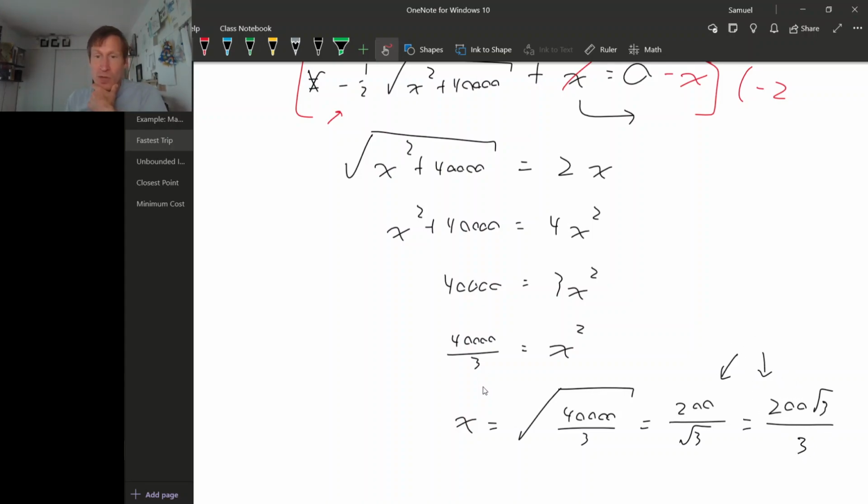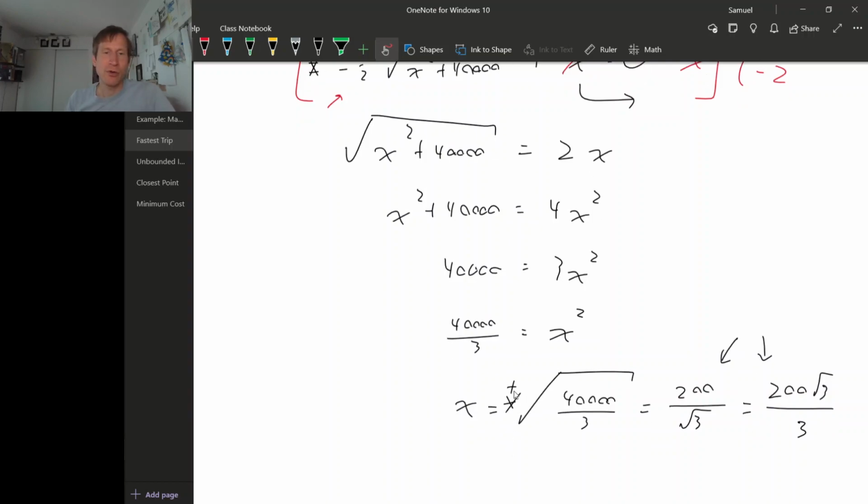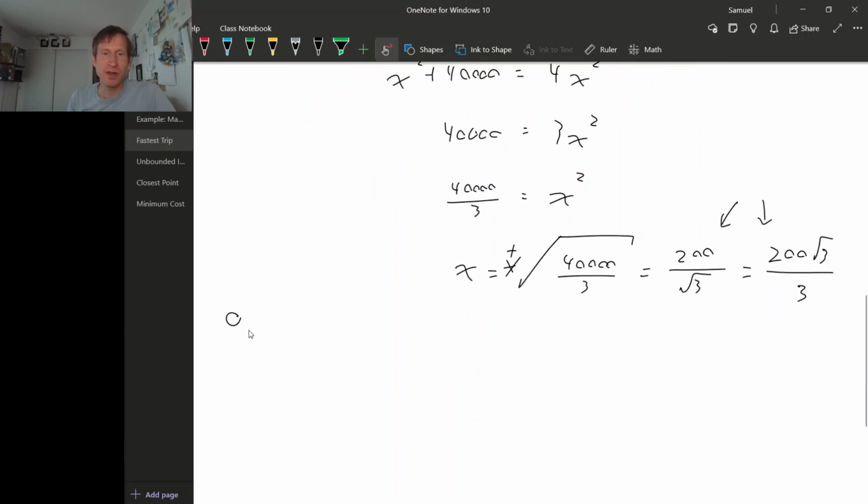Okay, well, we should be concerned about, when you take square roots in an equation, you get plus or minus, but remember, our interval of x values from 0 to 1,000 only included positive x values, so we don't have to worry about the negative possibility here. All right, so we had our endpoint 0, our endpoint 1,000, and then our only critical point, 200 over root 3.